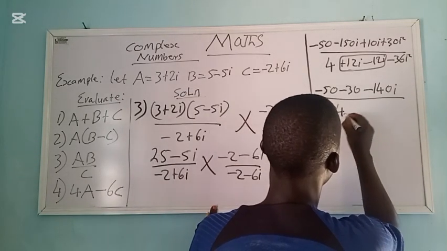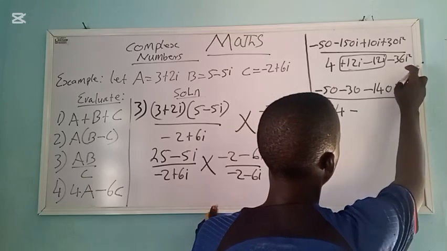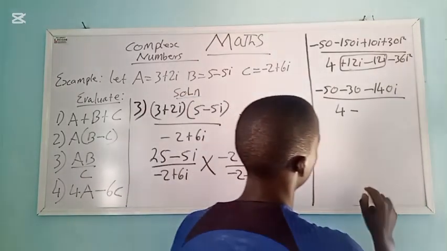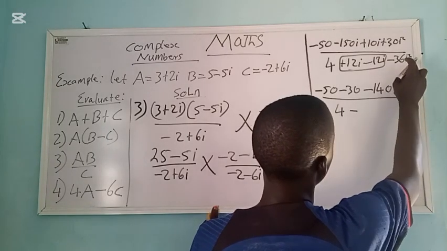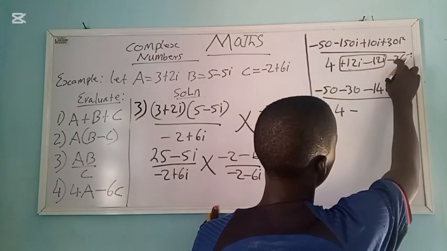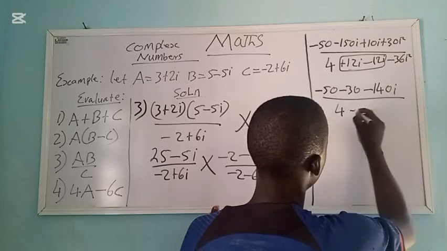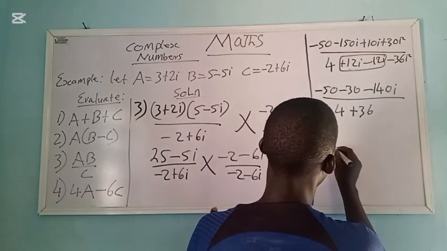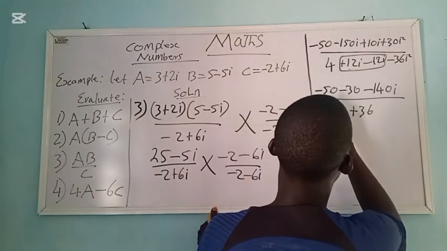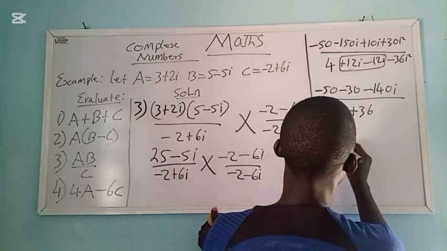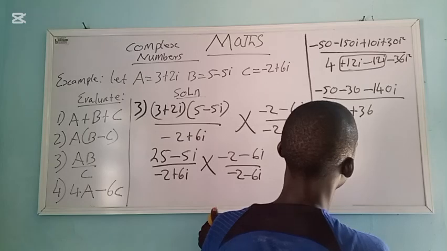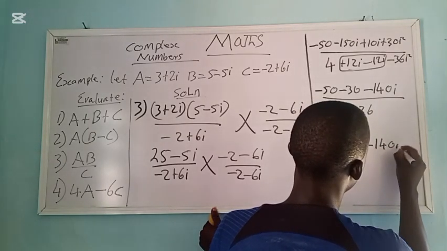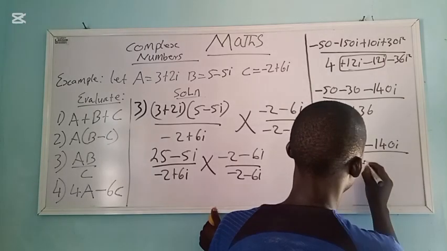So we'll have 4 minus, and i squared is minus 1, so you multiply it with this minus 36, it will give you plus 36. So we now have minus 50 minus 30 will be minus 80 minus 140i all over 40.